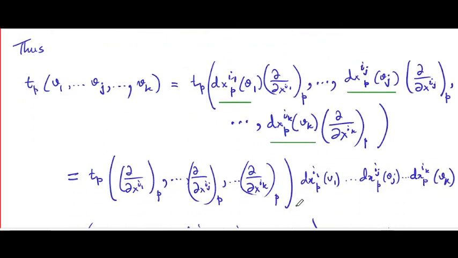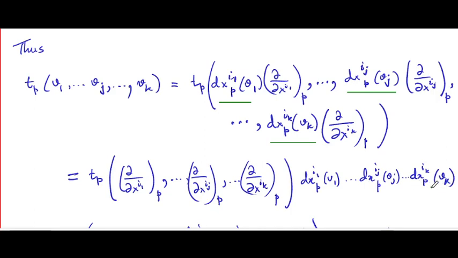So, this number, T_p acting on V1 through Vk, is actually the same as T_p acting on ∂/∂xⁱ¹|p, ∂/∂xⁱ²|p, all the way up to ∂/∂xⁱᵏ|p, times dxⁱ¹|p acting on V1, dxⁱ²|p acting on V2, and so on, right up to dxⁱᵏ|p acting on Vk.